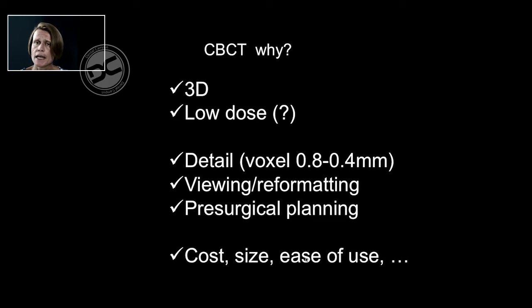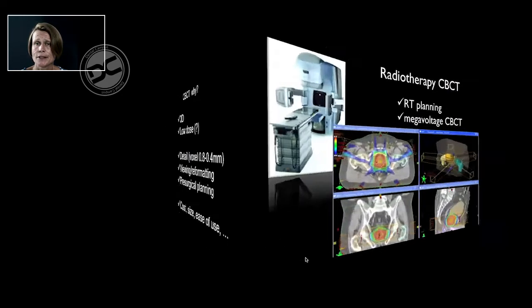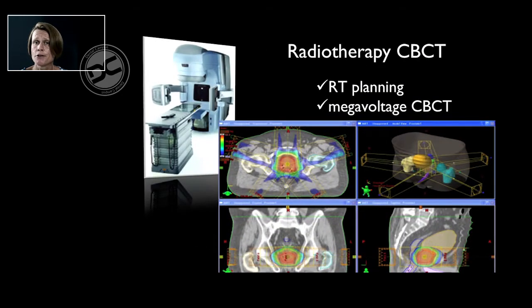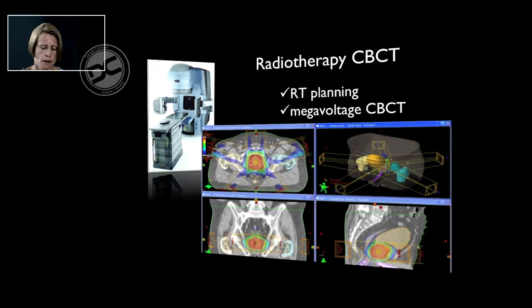Cone beam CT has not been developed by dentistry. It was already used in radiotherapy, where it's used at both the level of the radiotherapy planning and the level of the therapy itself by using megavoltage cone beam CT. It is also popular to use it in cardiac imaging for proper visualization of the heart.